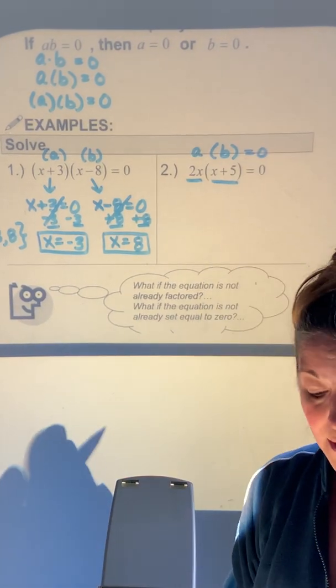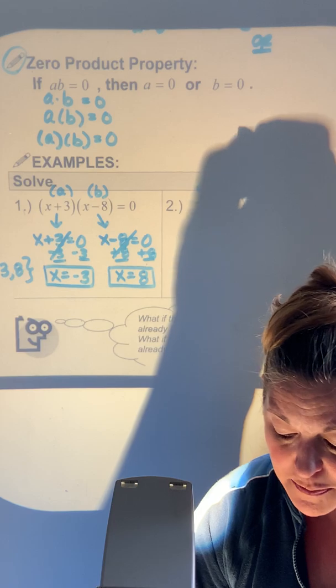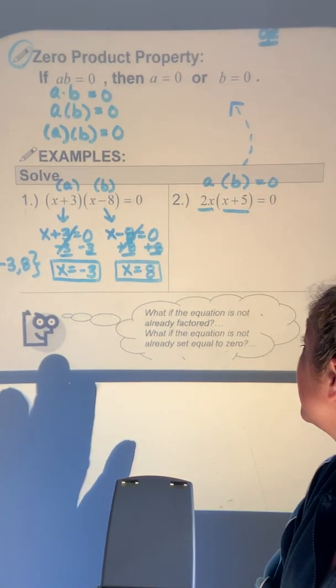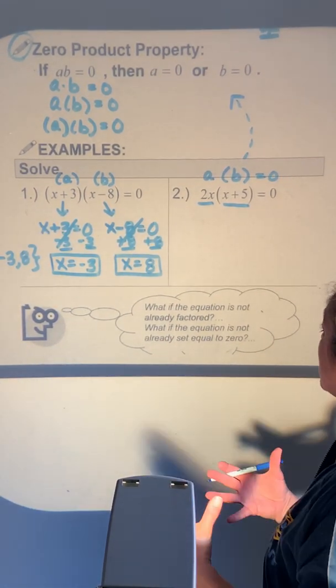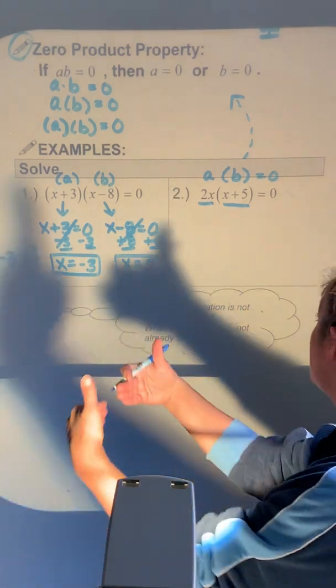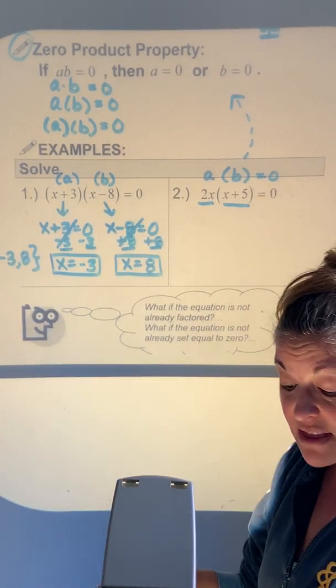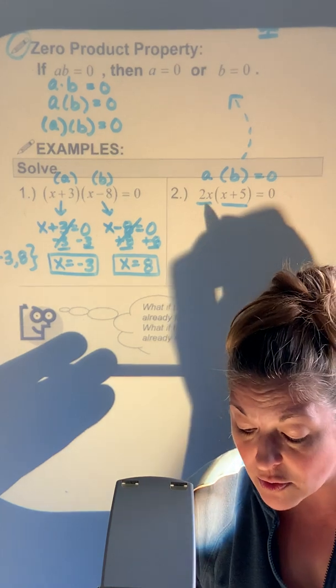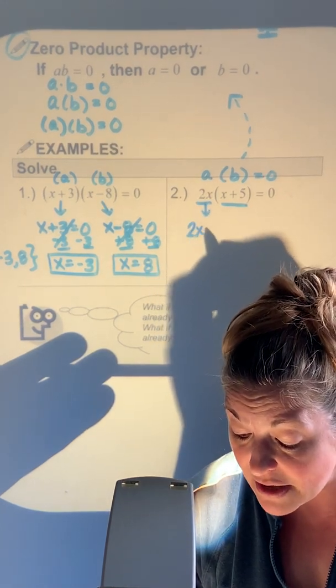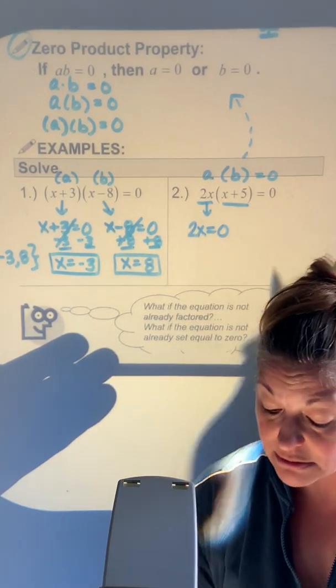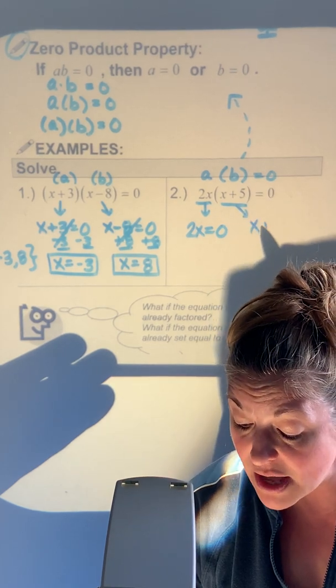It equals 0. So I just keep pulling back to that zero product property so you really understand that all we're talking about here is having two things being multiplied, and therefore if they're equaling 0, then either one of the terms is 0 or the other one is 0.